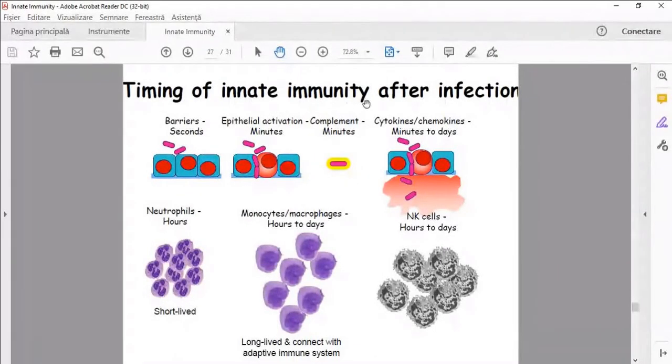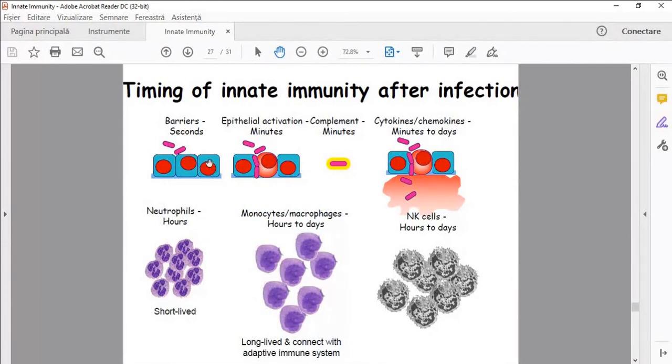Timing of innate immunity after infection. As you can see, I told you before that innate immunity has the advantage that it acts very quickly after contact with the pathogen.